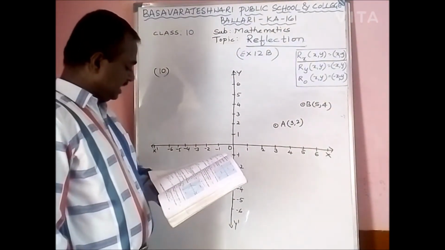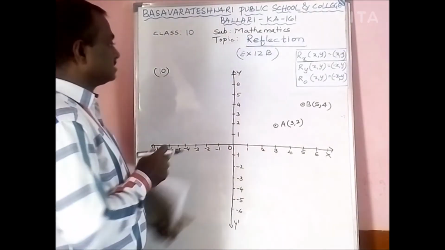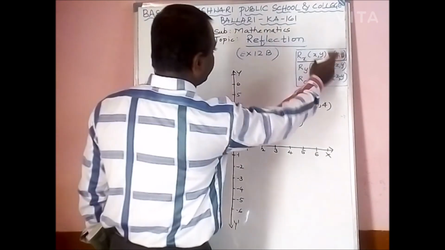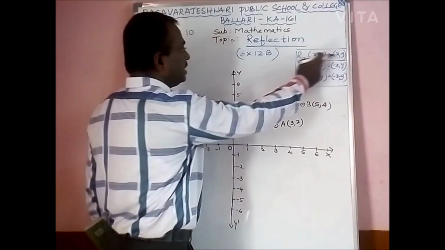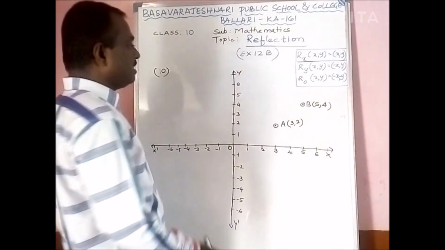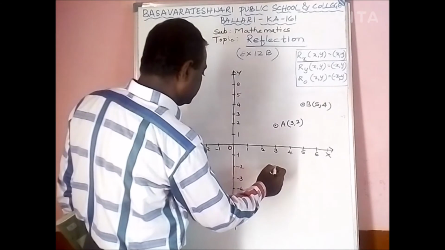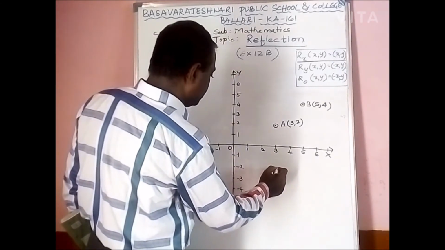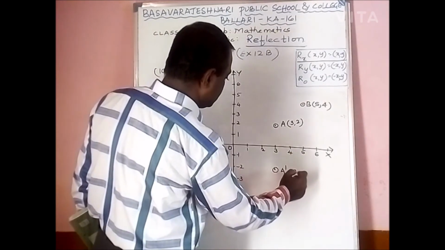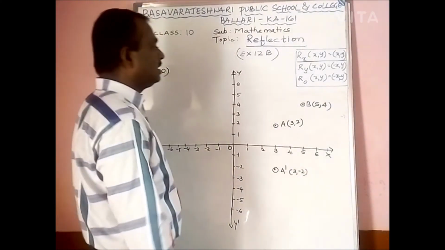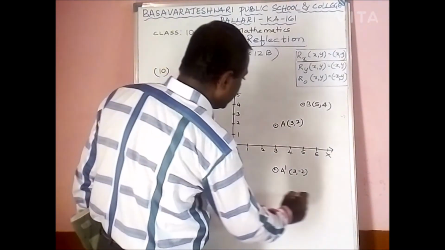Reflect A and B in the x-axis. So x-axis means this is the reflection line. Reflection on x-axis is (x, minus y). A is (3, minus 2). X value 3, y value minus 2. It will come here. This is A dash (3, minus 2). B, x value 5, y value minus 4. It will come here.